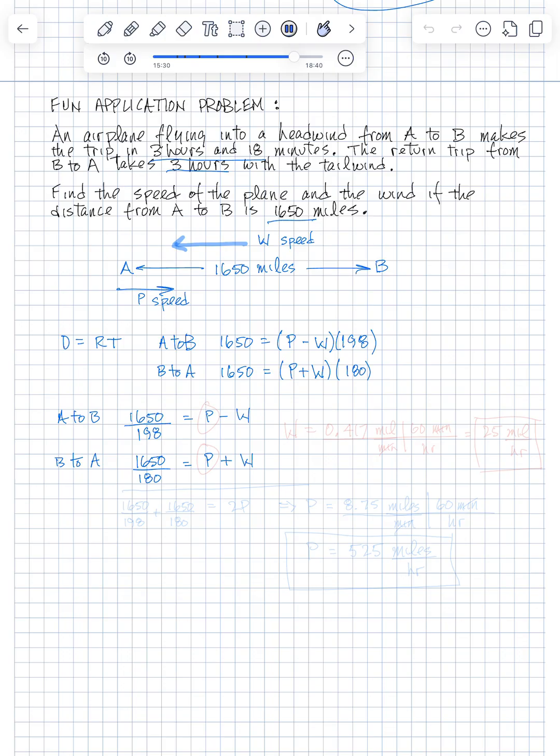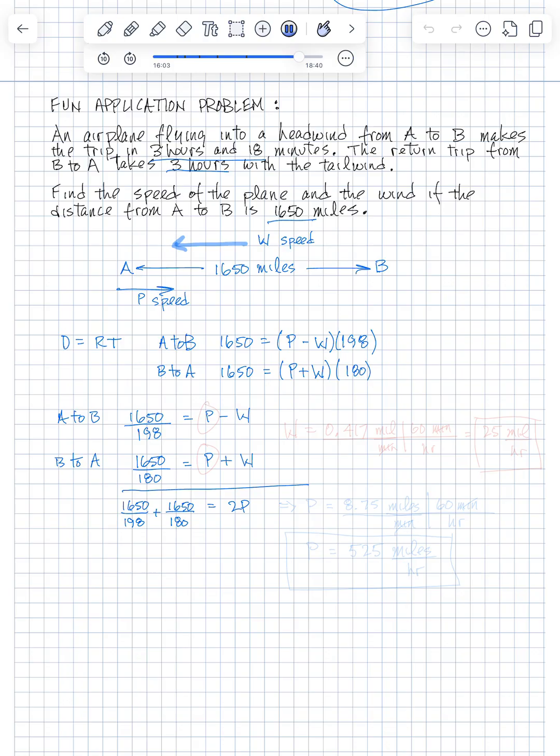And so now we have these in the form where we could just add them. So we have 1650 over 198 plus 1650 over 180. That's equal to P plus P is 2P, minus W plus W is 0.